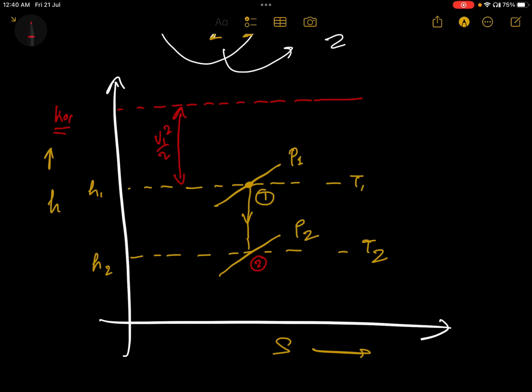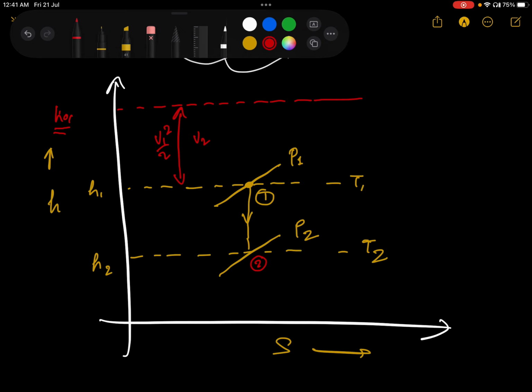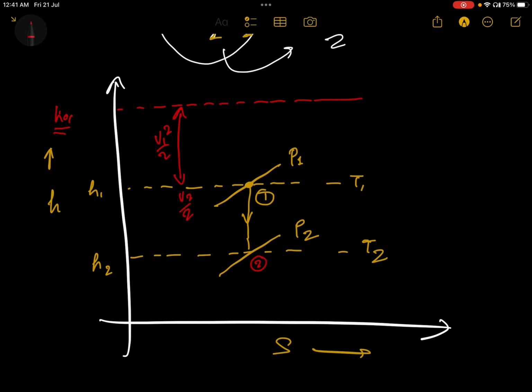For state 2, with H2 and V2, we add V2 square by 2, and then it becomes H naught 2. So the stagnation state will be the same, and the pressure corresponding to this state will be P naught 1, equal to P naught 2.